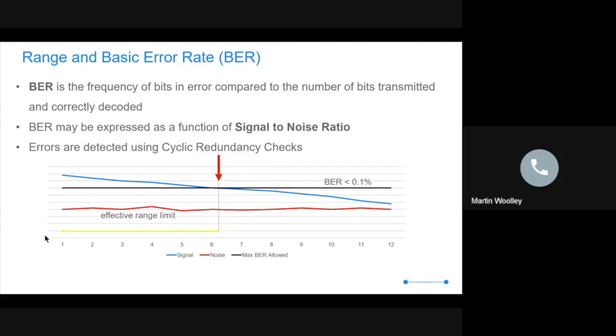Now, the fact is, and again, this is largely about physics, there will be a point at which the signal strength gets sufficiently close to the level of the background noise that it starts to become difficult to decode the data that the signal contains. We're going to start to get errors, and errors can be detected by Bluetooth because every packet has a cyclic redundancy check field tacked onto the end of it.